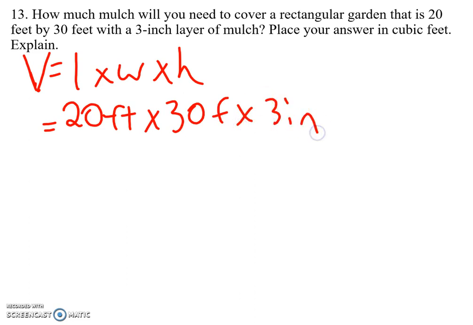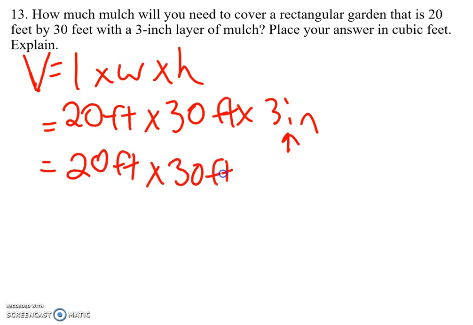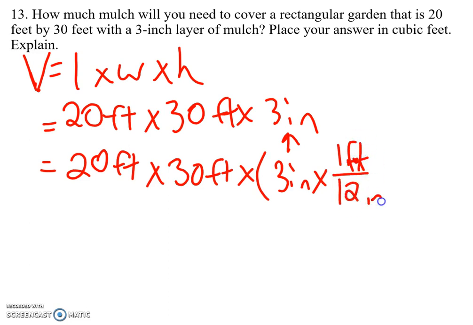And there's the problem. I can't have square feet inches. I need everything to be the same unit. So I'm going to change the 3 inches because it says to keep the answer in cubic feet. So I know that 3 inches I can convert by doing 1 foot to 12 inches to get my solution.